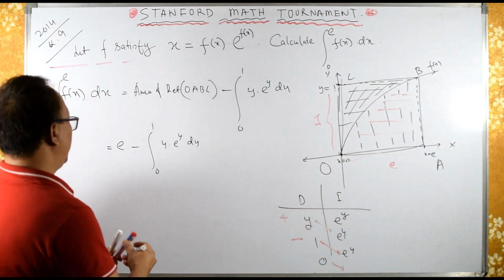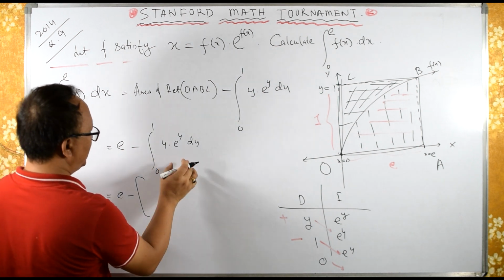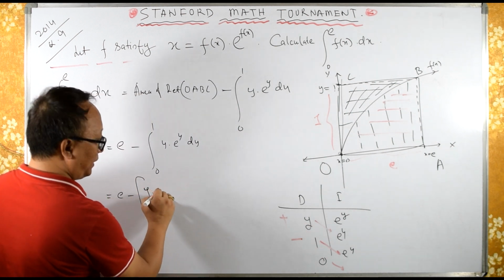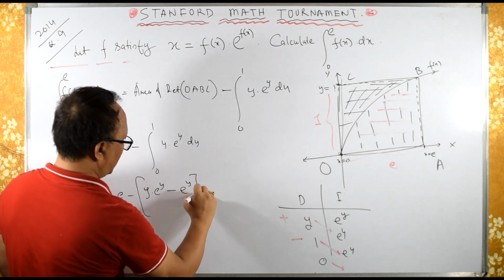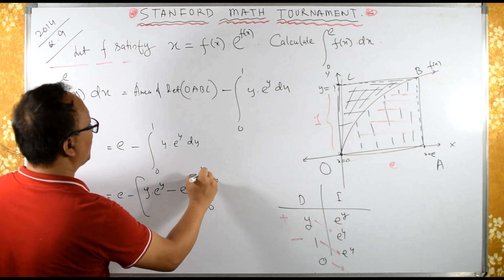So this equals e minus, the integration of this, which is y into e raised to y minus e raised to y, and the rest becomes 0. So the limit is from 0 to 1.